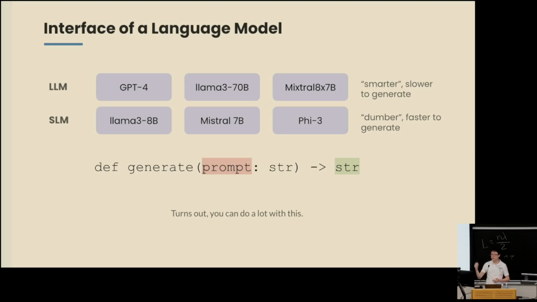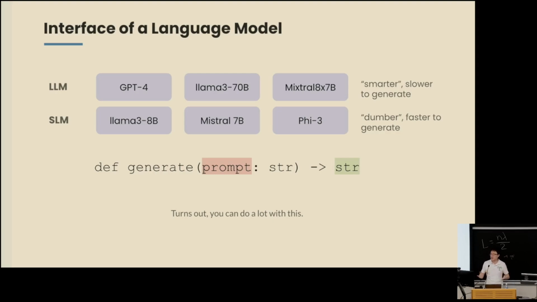We have Llama 3 with 70 billion, and Mixtral 8 times 7b, which is 56 billion. These are really heavy models. They're trained on a lot of text, and they go through many layers of propagation before giving you a result. So they're very slow, but you could say they're smarter, okay?